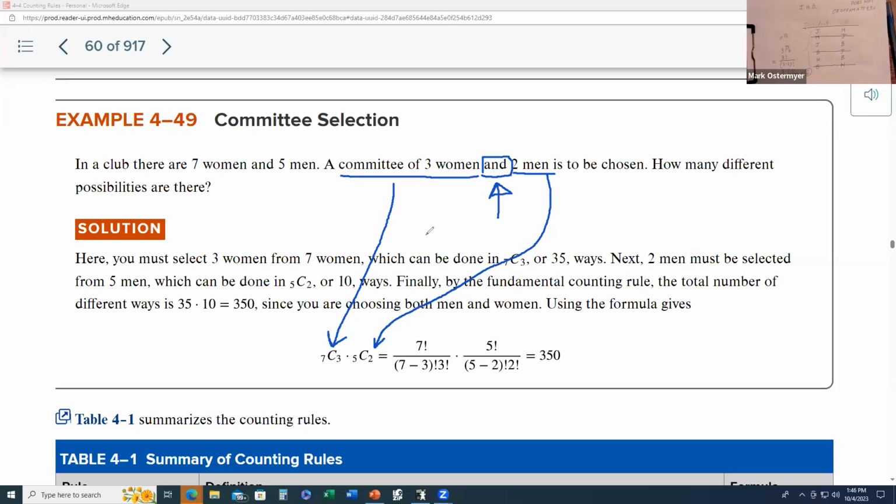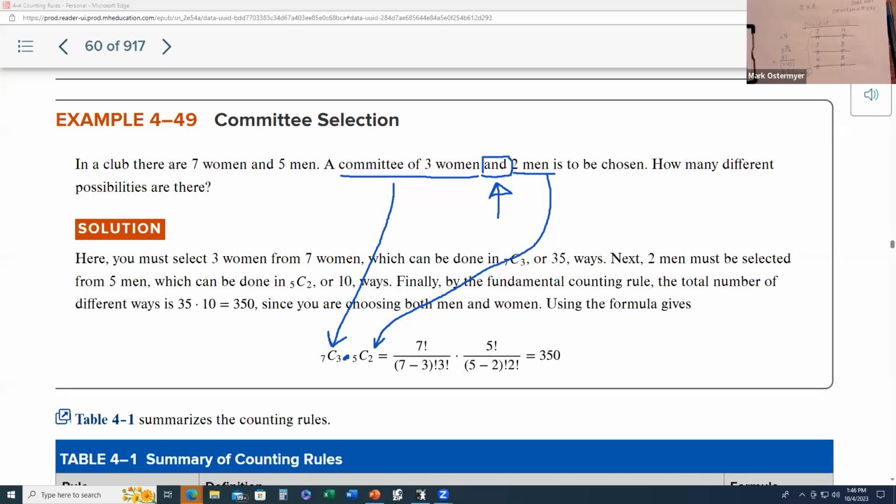But the fundamental principle of counting says I multiply these together, because there's 7 in combination with 3 ways of the first event occurring, and 5 in combination with 2 ways of the second event occurring. So to compute the total number of ways of these occurring in a particular sequence, we multiply the individual number of ways together. And therefore, when you do this on your calculator, you would have 350.